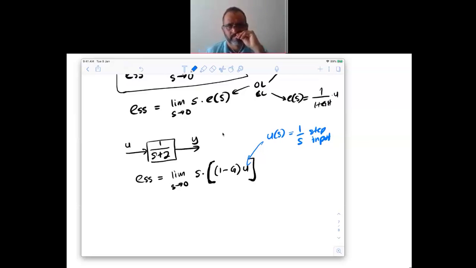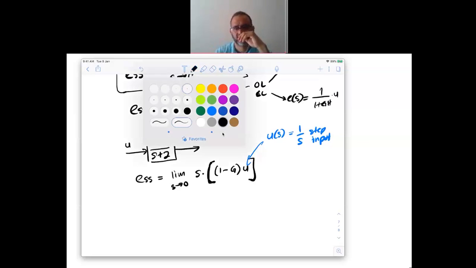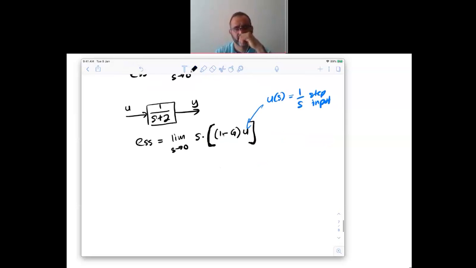So I put s multiplied by 1 minus G, where my G is 1 over s plus 2, multiplied by my input, which is 1 over s. Then I look at this s from my input and this s from my steady state equation, and I can cancel them out.